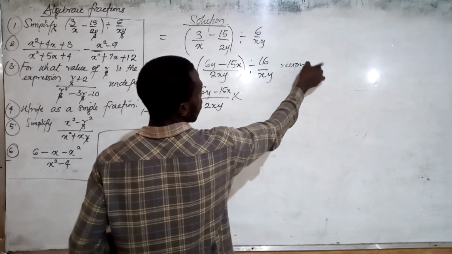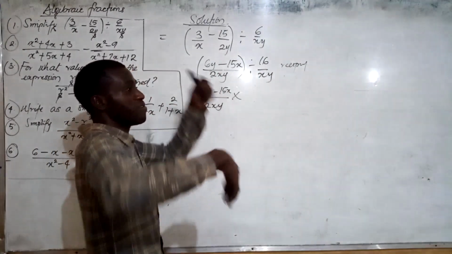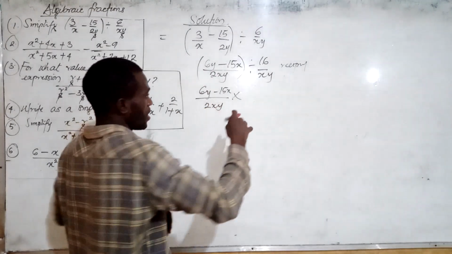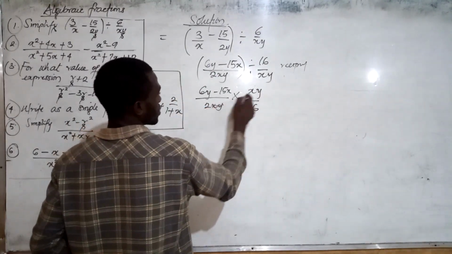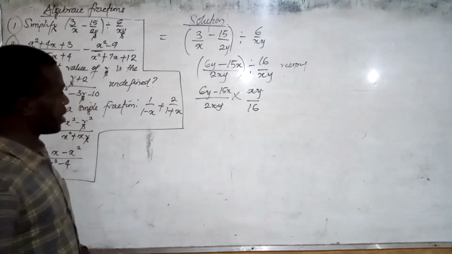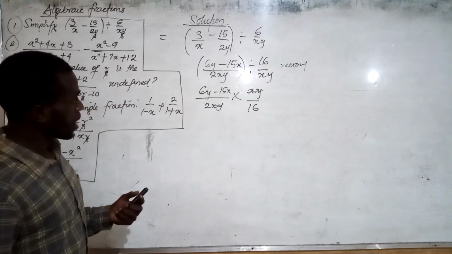We have the reciprocal of this one. So the fraction in front of the division will be inverted. We'll write the inverse, right? So we have xy over 6. So x can take care of x, right? And there is nothing that can happen here again.